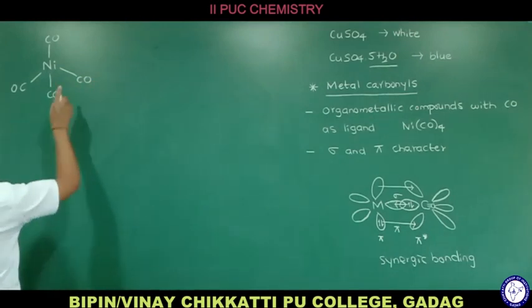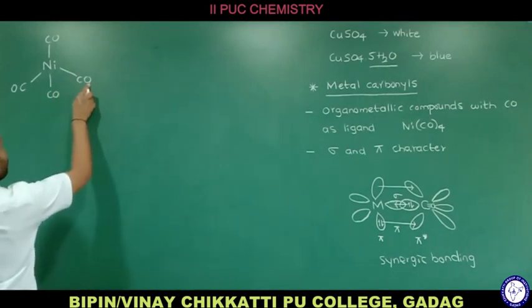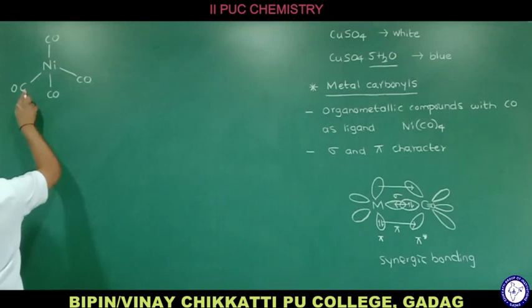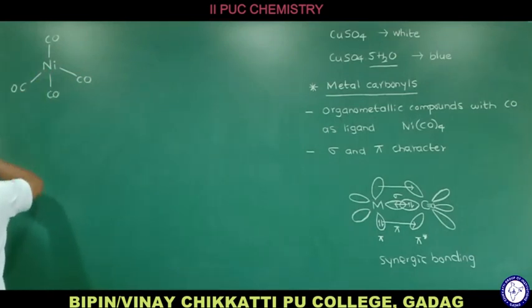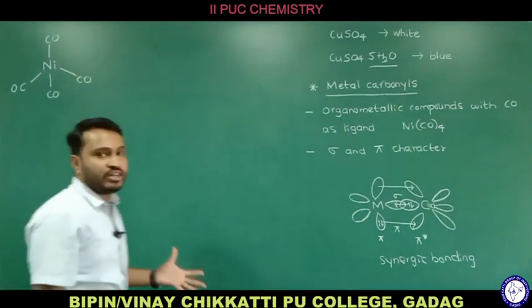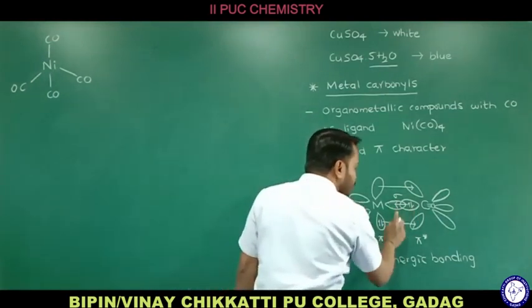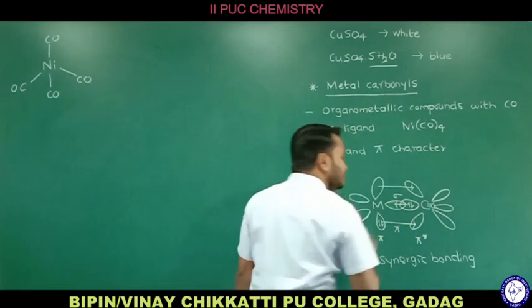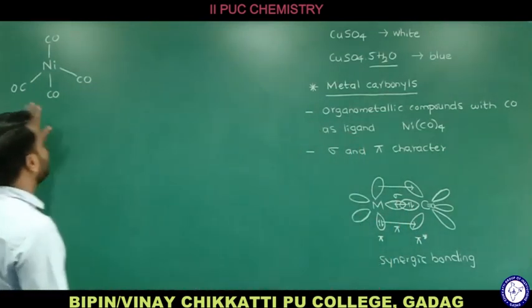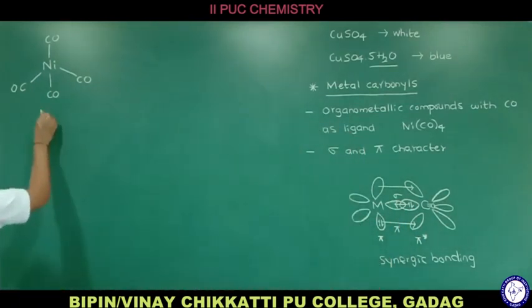Remember that the bond is between the carbon of carbon monoxide and the nickel only. Therefore I have written carbon monoxide in this fashion, because in bonding we have the atomic overlapping between carbon and the central metal atom only, and the shape will be tetrahedral.